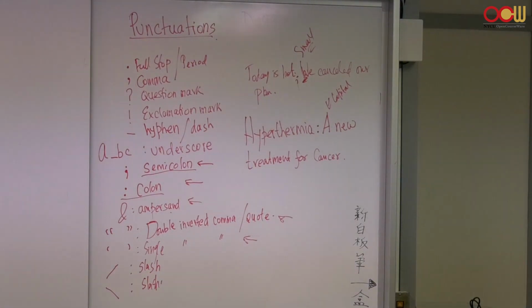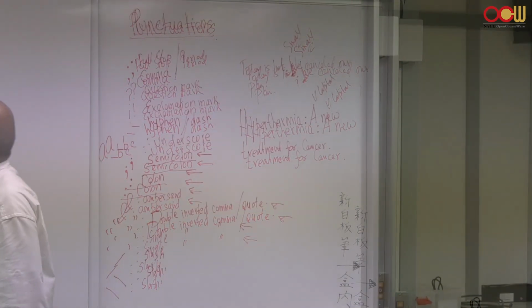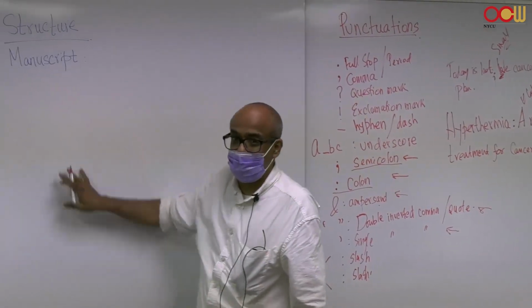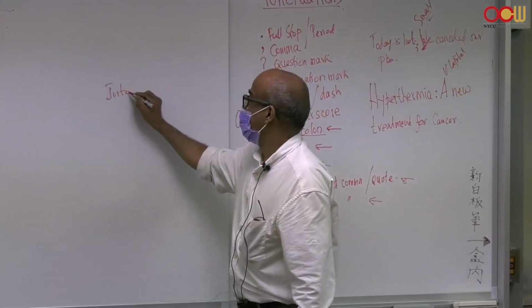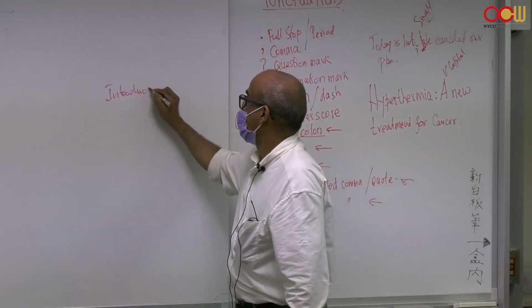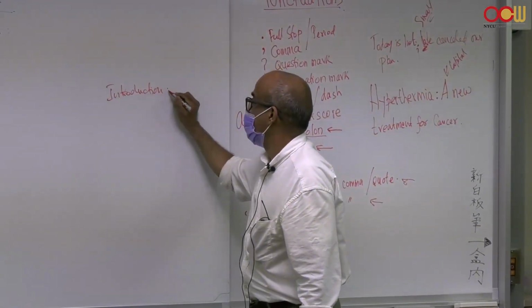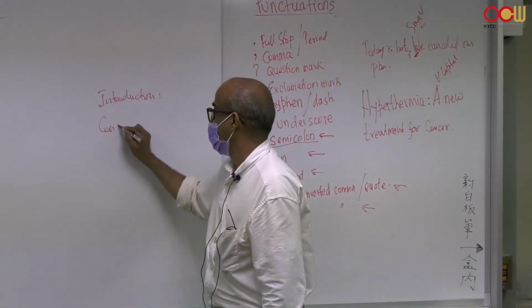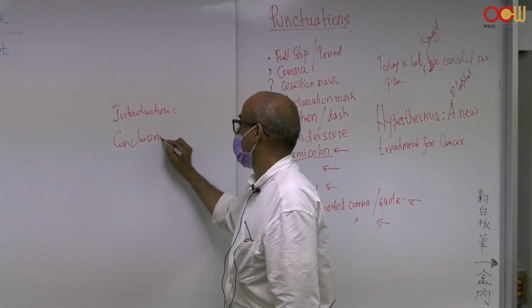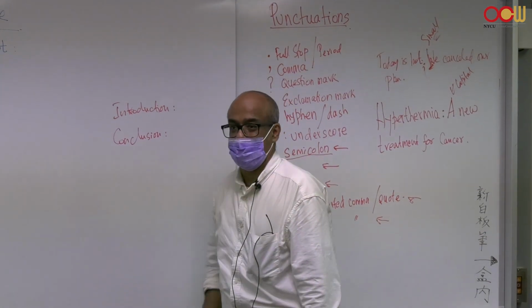Sometimes we use it after naming the section. So you will see when we structure the manuscript, we write introduction, and then we put a colon. Sometimes we write conclusion, we put a colon.